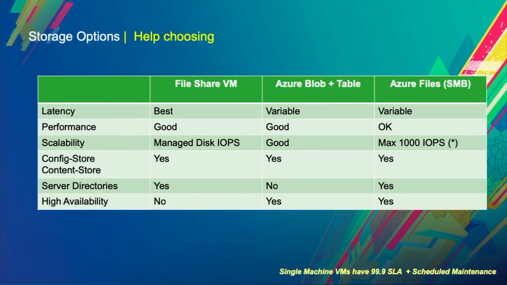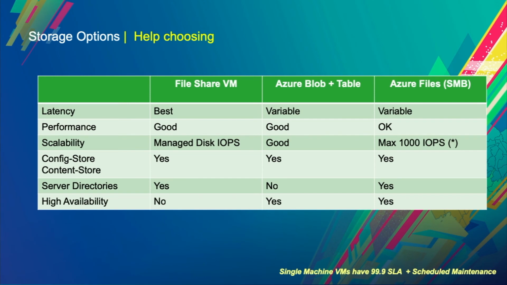Azure Files today has a standard tier, which unfortunately doesn't really do well from a scalability perspective. There is in preview an Azure Premium Files, which we are testing, and that might be an option in the coming months. But as of today, the set of deployments that can use it is sort of limited.